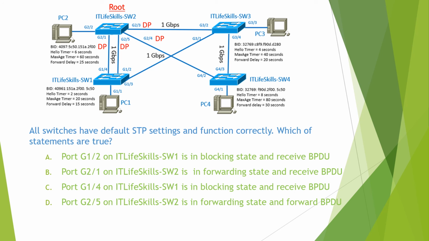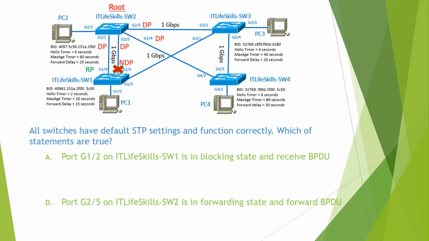So the port Gs14 receives a better BPDU, and it will become the root port, and the port Gs12 will become non-designated port. Now we can easily find that the answers for this question are A and D.